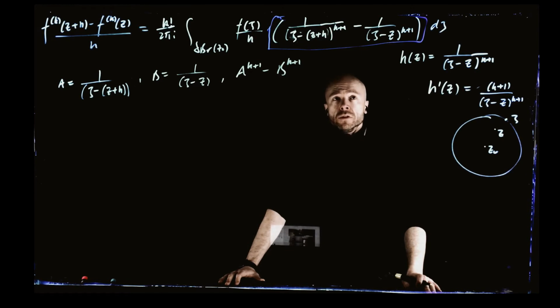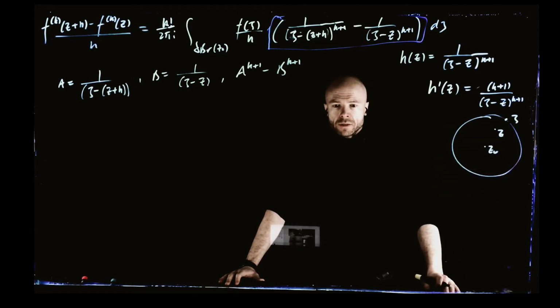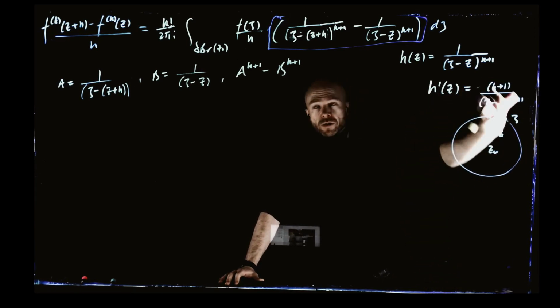And that will be true for every single zeta that we have around the outside. The constants might be a bit different, but it'll still remain true as we move zeta around the outside.